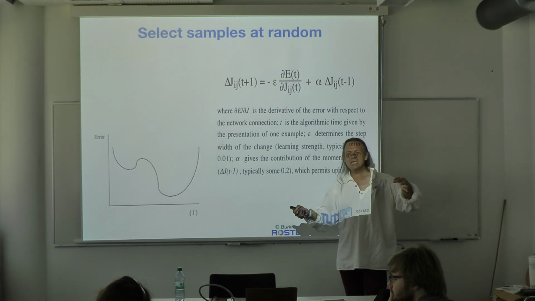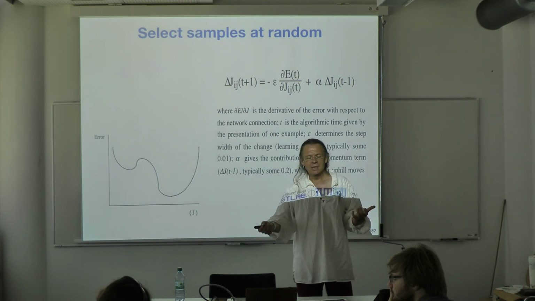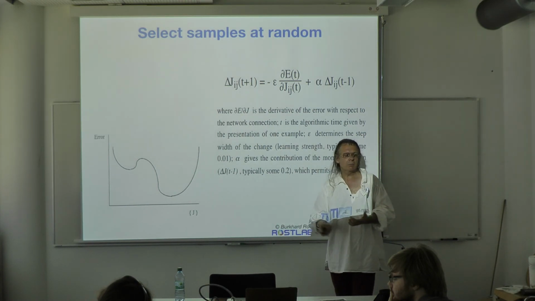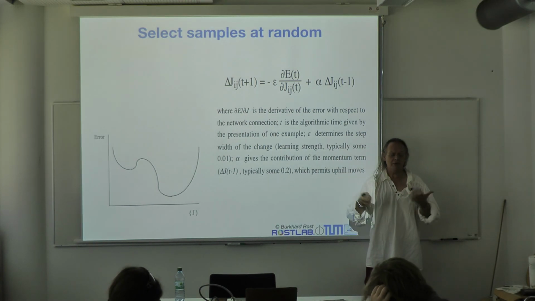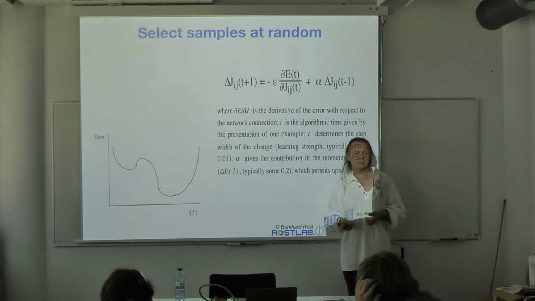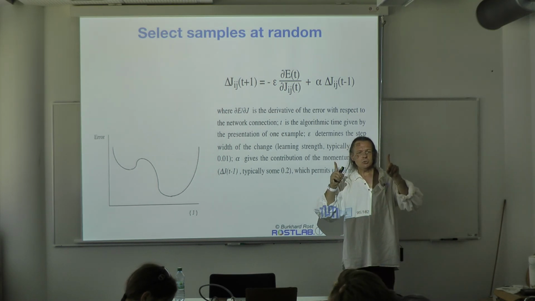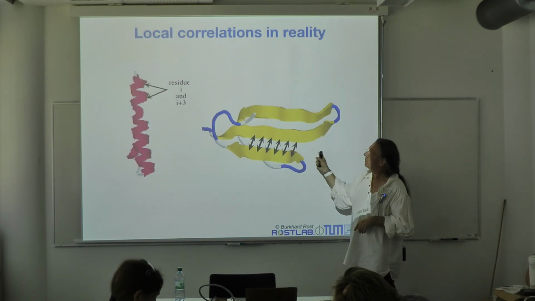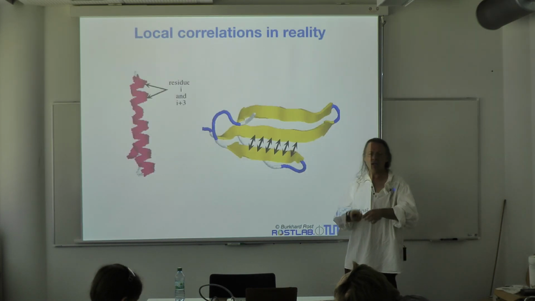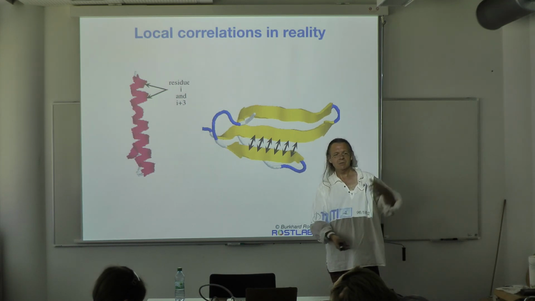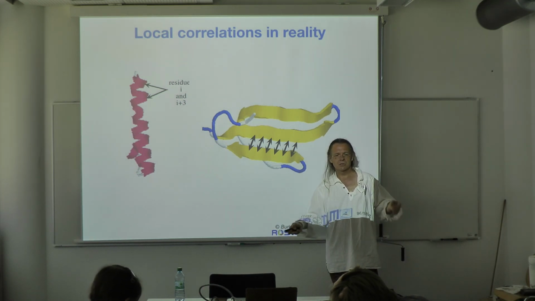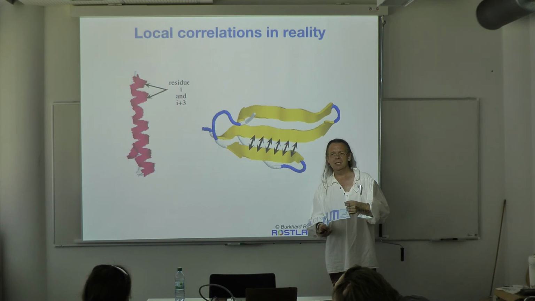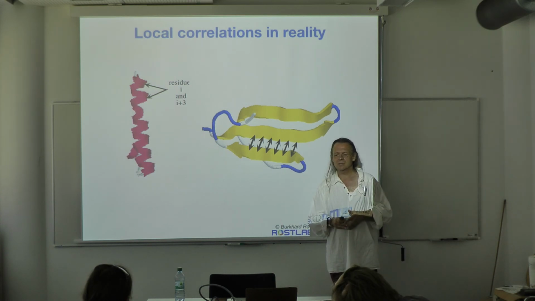So at time t it could be residue 42, and at time t plus 1 it could be residue 660,000 or something like that. Between these two you have absolutely no correlation, although beta strands and alpha helices have to have a certain length, because they're completely different proteins. So at time point t and t plus 1, you have samples from completely different proteins.